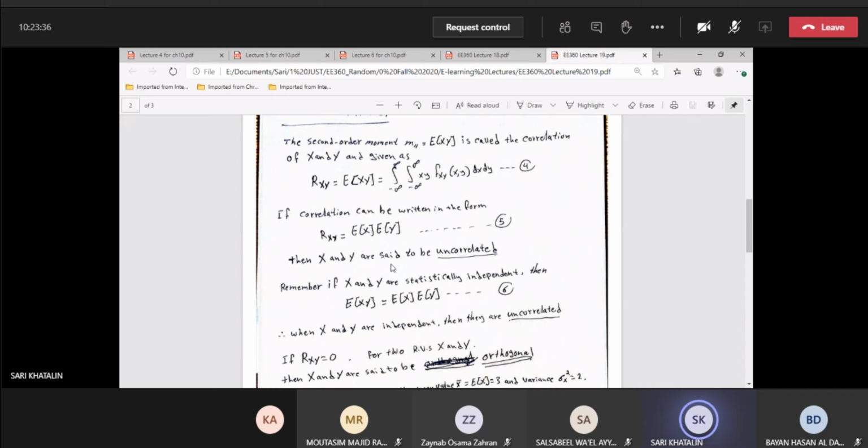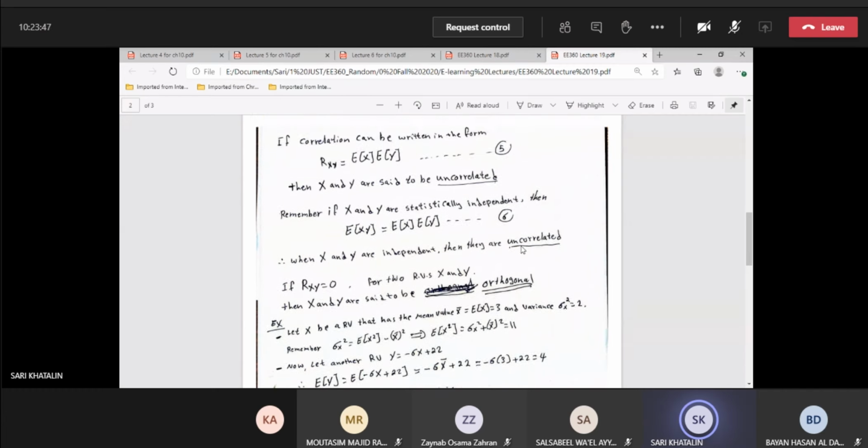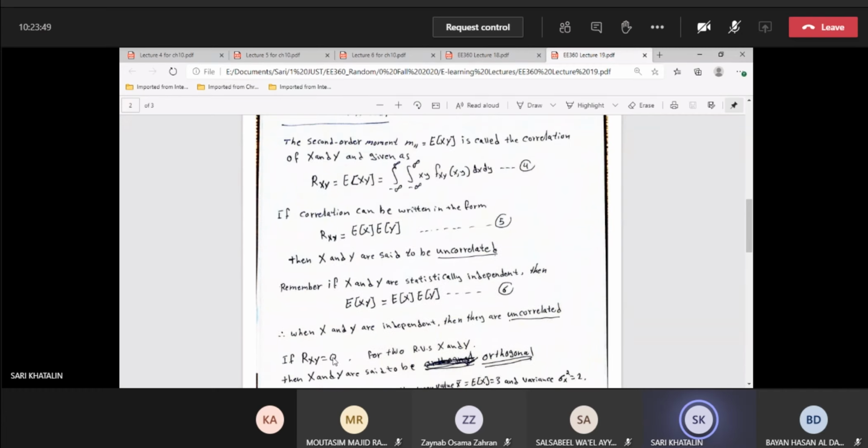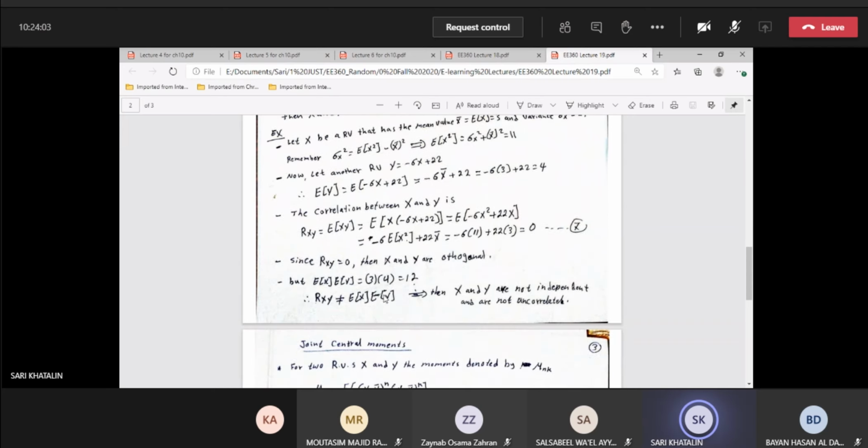Okay, so if x and y are independent, it means x and y are uncorrelated. Now, if the correlation is 0, x and y are said to be orthogonal. Orthogonal, like the angle between x and y is 90 degrees. So let's take this example to clarify what we just talked about.